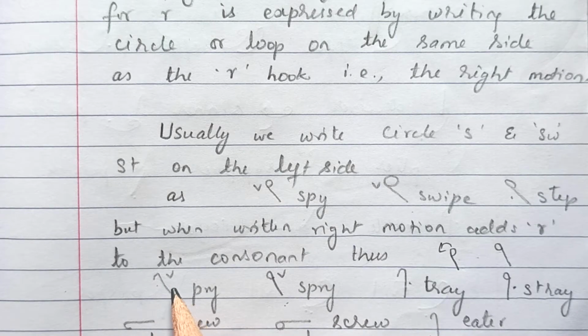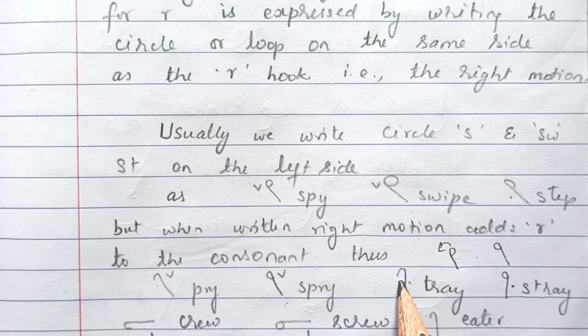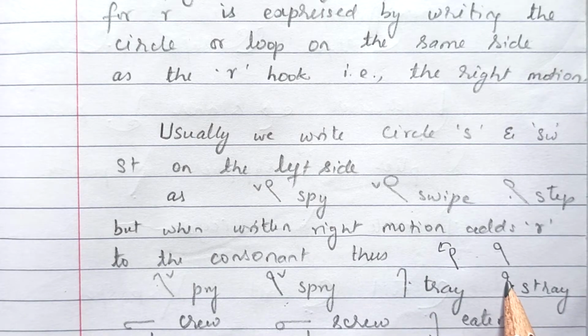So pry, spry. So circle S along with the initial hook of R, then I. So spry. Tray. So circle S on the side of the hook.